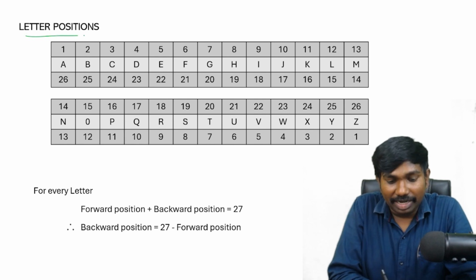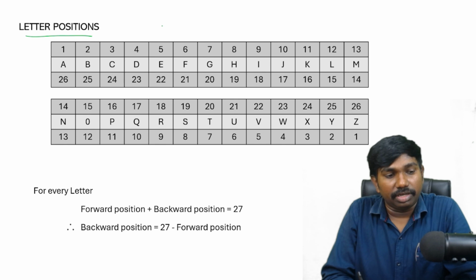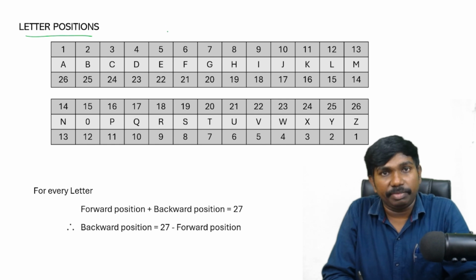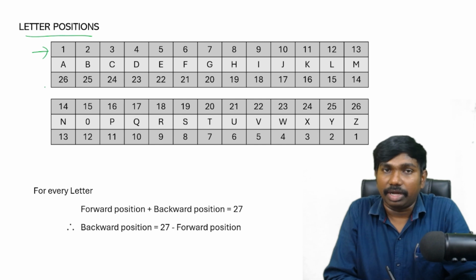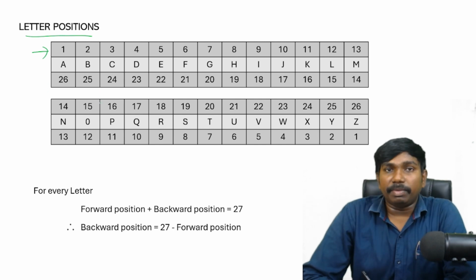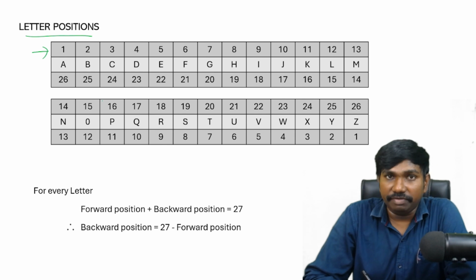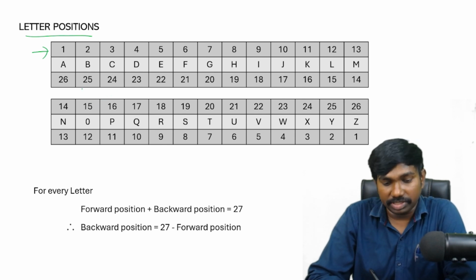First is letter positions. When we give positions for letters, English alphabets, from the beginning, from 1, A will be 1, B will be 2, C will be 3, likewise till Z will be 26. That is in the forward direction, right? Or we may start giving the numbering from backwards also, like Z will be 1, and before that Y will be 2, and X is 3, likewise A will be 26.